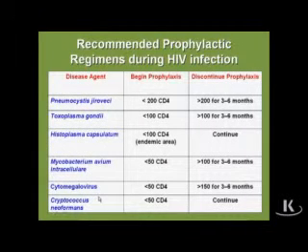Now, I want to look at with you in this table some of the different opportunistic infections and when it's recommended to begin prophylaxis for prevention. So, for example, Pneumocystis jirovecii, you're going to begin prophylaxis for that when the T cell count dips below 200, okay?